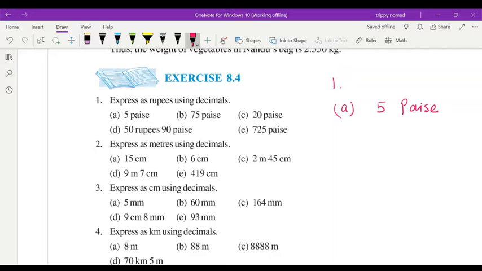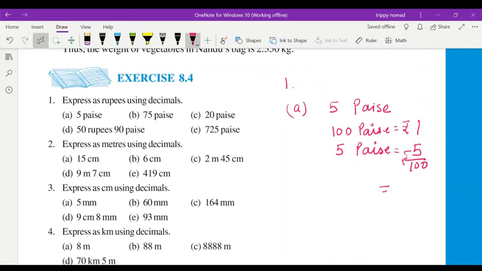So 100 paise is equal to 1 rupee. Then how many rupees is 5 paise? 5 paise is equal to 5 upon 100 rupee. So how many rupees?